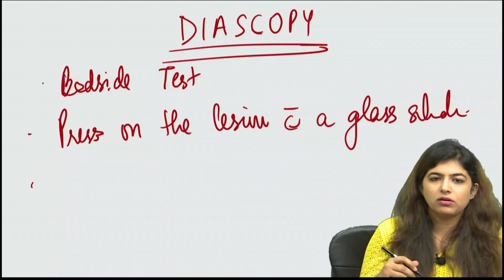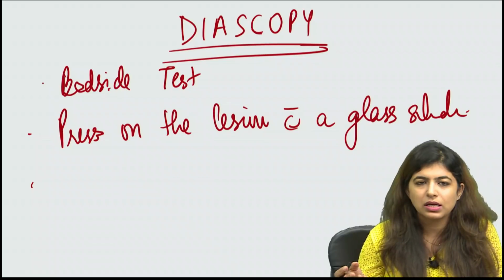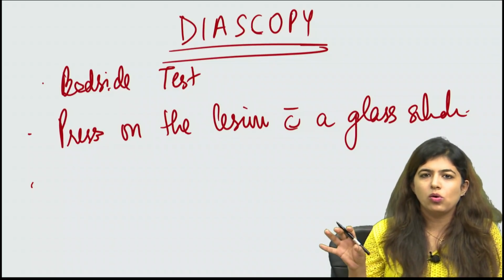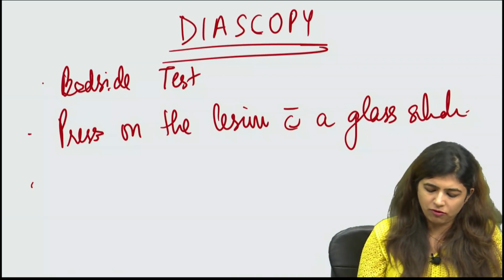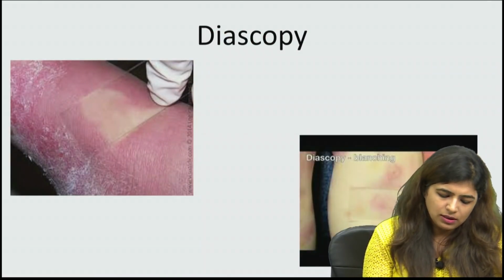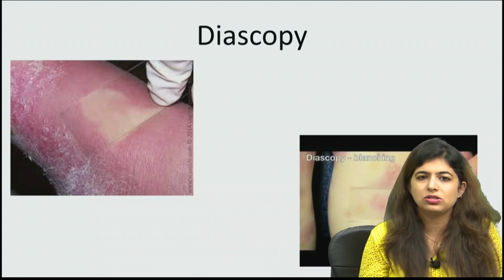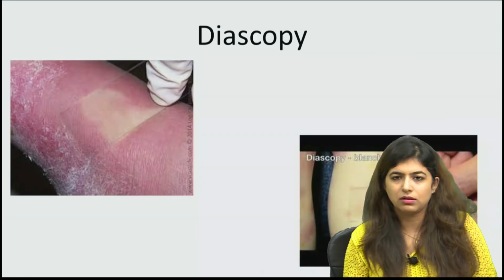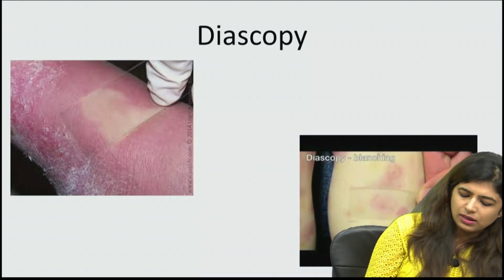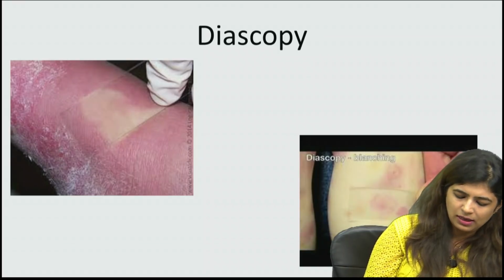You look for whether it is blanching, whether the pigment is disappearing, reappearing. All these are features which you look for in diascopy. See this, I have this for you here. This is an erythematous lesion. I am pressing on it, seeing if it blanches or not. Here again there is an erythematous lesion, blanching to see what are the changes that happen.